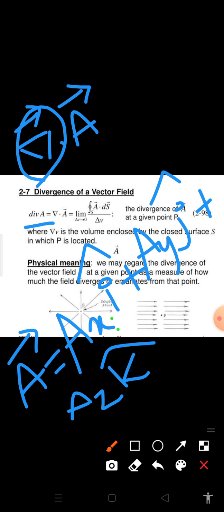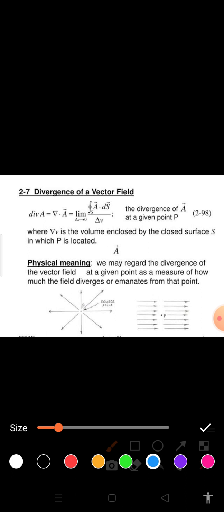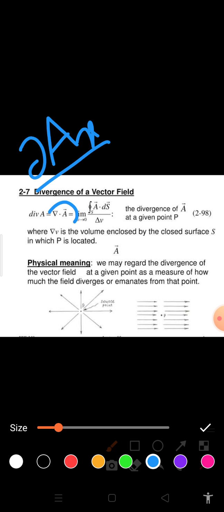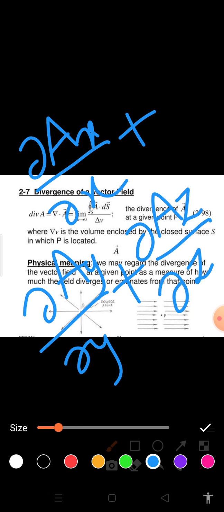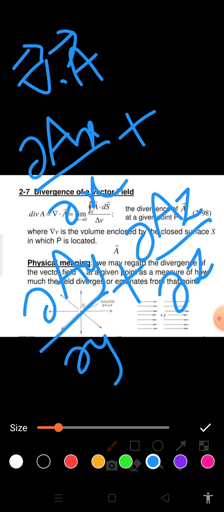Already yesterday I told you i dot i is 1, j dot j is 1, and k dot k is also 1. Then the final value of the divergence of a vector field, del bar dot A bar, is ∂Ax/∂x plus ∂Ay/∂y plus ∂Az/∂z. This is del bar dot A bar, the divergence of a vector field.